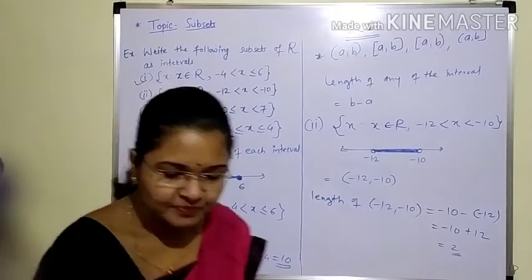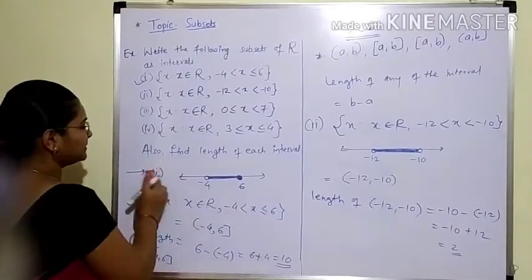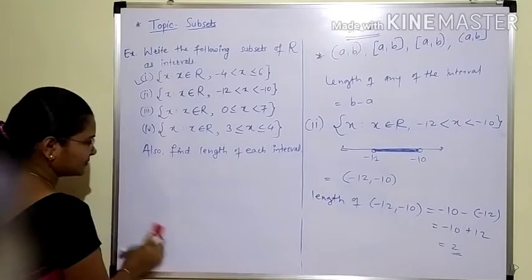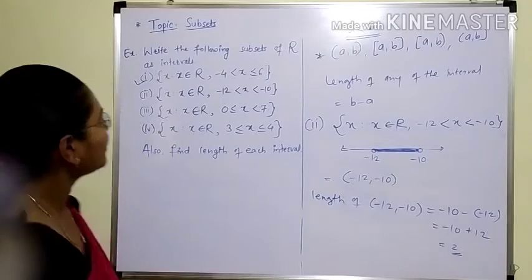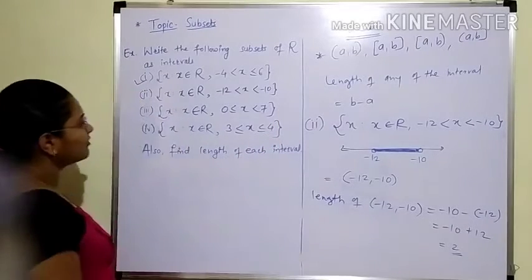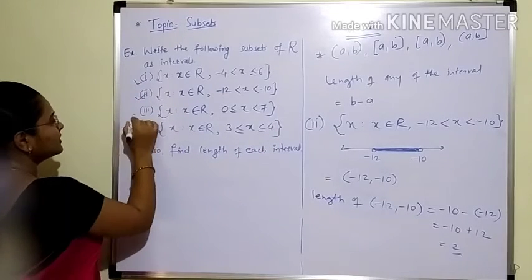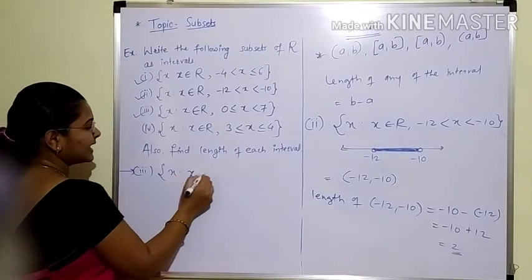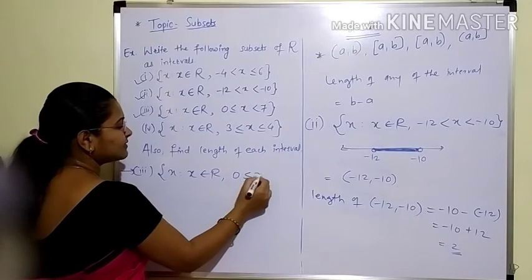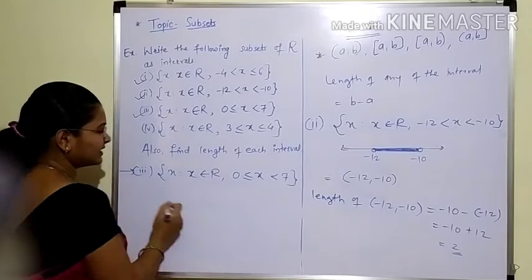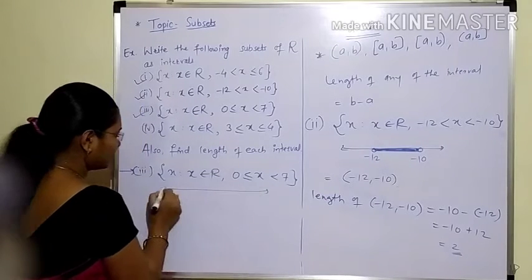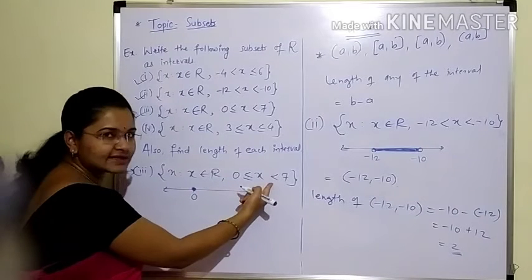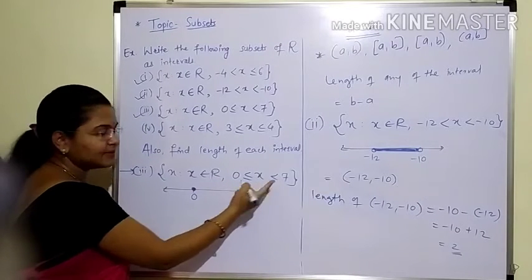Understood? Now we'll take the third example. In these four examples, all types of intervals are covered. The third example now, set of x such that x belongs to R, 0 less equal to x strictly less than 7. Now if we draw this, we'll include the point 0 here and will not include the end point 7, because strictly less than is given.